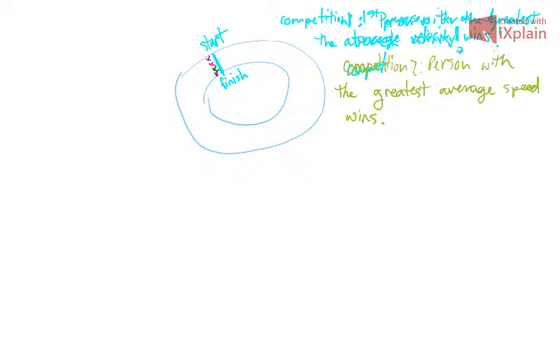So let's see, the purple X goes around the track, finishes. Let's say this track is, we'll just call this track 1 kilometer circumference. So each runner is going to end up going 1 kilometer if they go one way around.